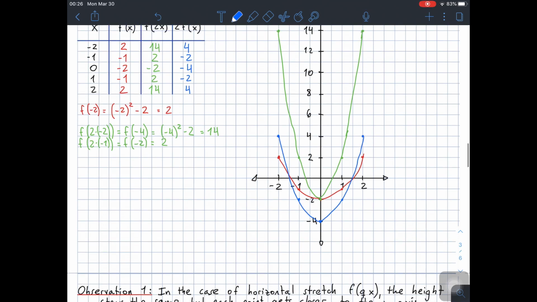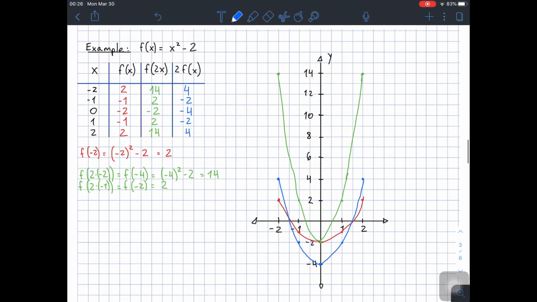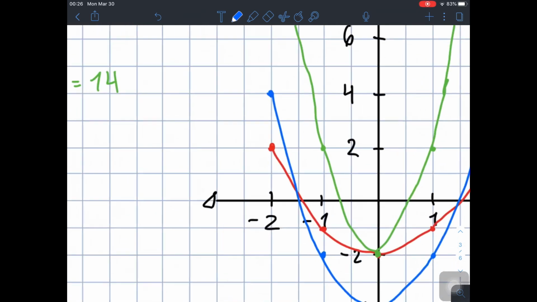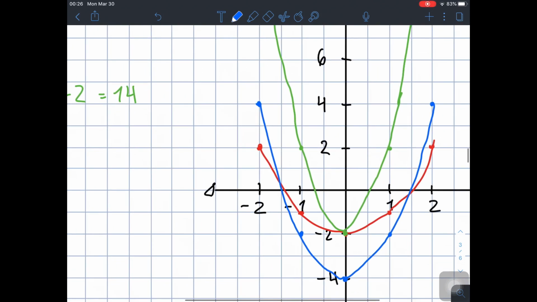That's better. Okay, so in this case, it's kind of hard to see what we get, but it is also a compression. No, it's not a compression, it's a stretch with respect to the x-axis, meaning that it moves away from the x-axis. You see that all the points double.